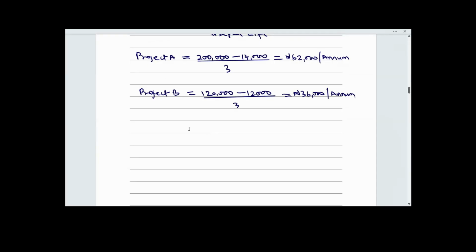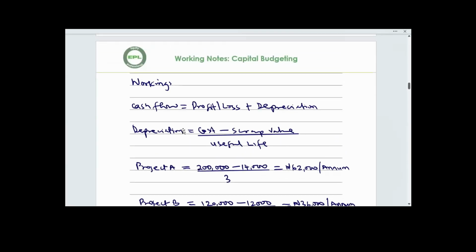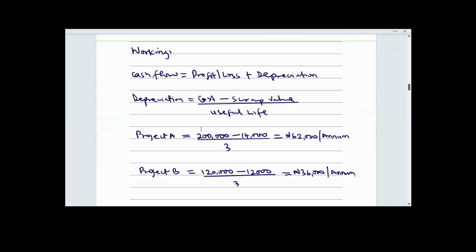So now that we have computed annual depreciation, I can then proceed to calculating the annual cash flows. Let me call this working number one, annual depreciation.